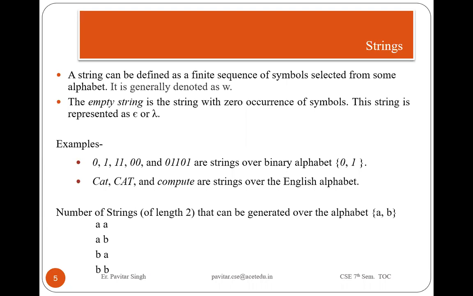The first string will be AA, next will be AB, third will be BA, and last but not the least, we have BB. I hope the concept is clear, right?